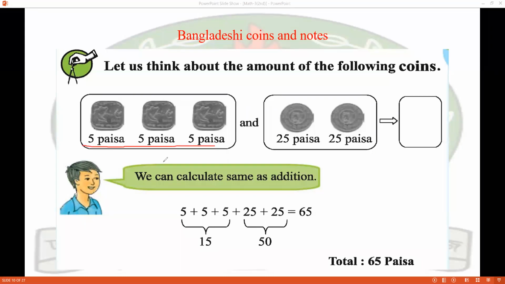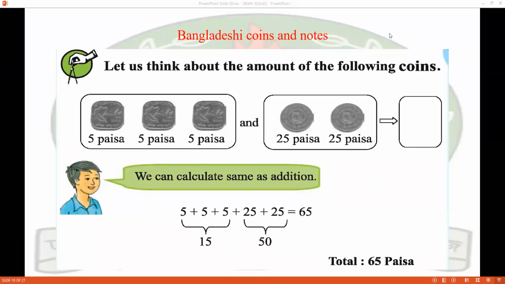So when we add with each other we get 15 paisa, and 25 paisa when we add we get 50 paisa. So 15 and 50 add will be 65 paisa. So total will be 65 paisa. So we write in the backend box there will be 65 paisa. So we calculate this type of math in this way.